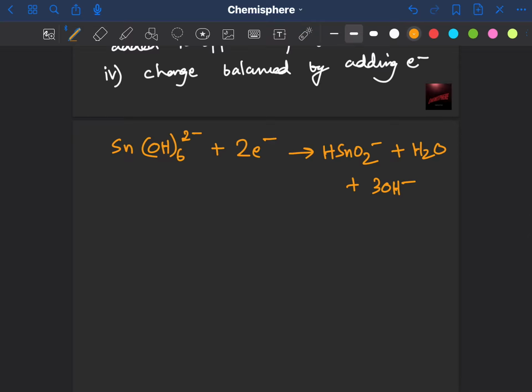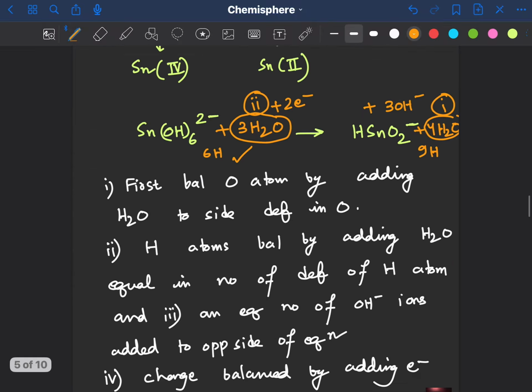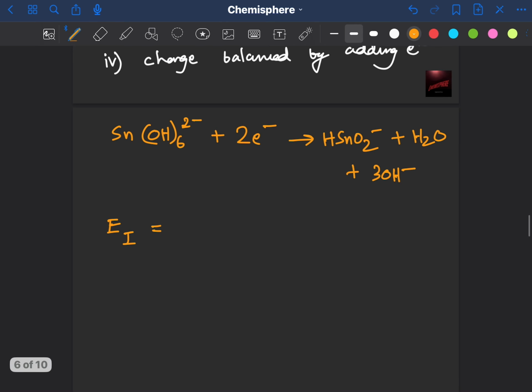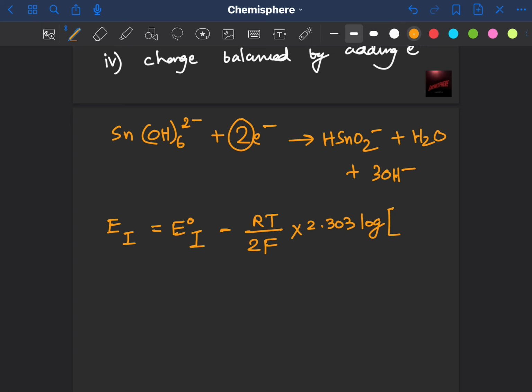So following the Nernst equation, we know what the Nernst equation is, so we can write the Nernst equation for this. So E1, let us say E1, because this is the first half cell, so that's why I'm writing it as E1. So E1 is equal to E01 minus RT by number of electrons, which is 2, into 2.303 log of OH minus to the power 3.